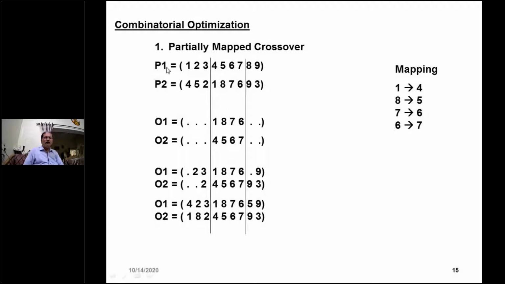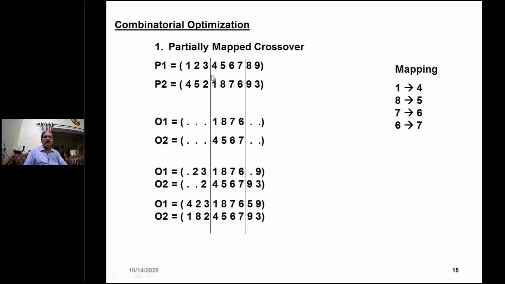So when you look for the combination and do the crossover, in the PMX crossover, suppose parent 1 is 1 2 3 4 5 6 7 8 9, and parent 2 is 4 5 2 1 8 7 6 9 3. Now we want to produce some offsprings from that. Now you choose the crossover points.